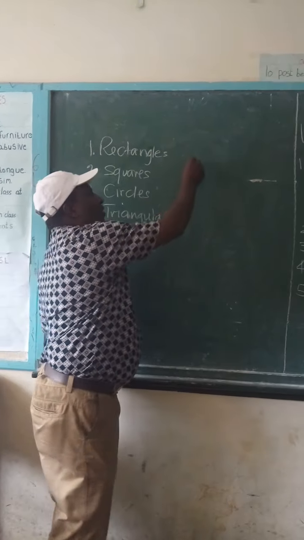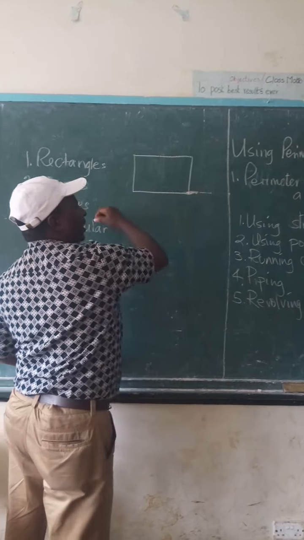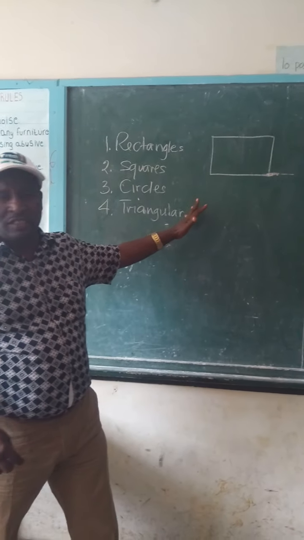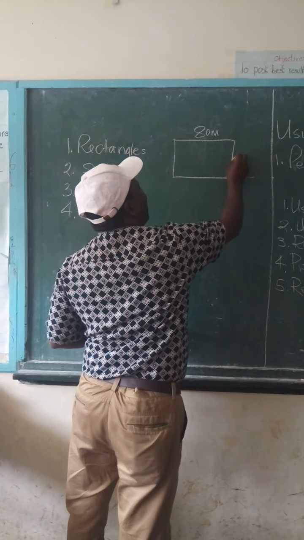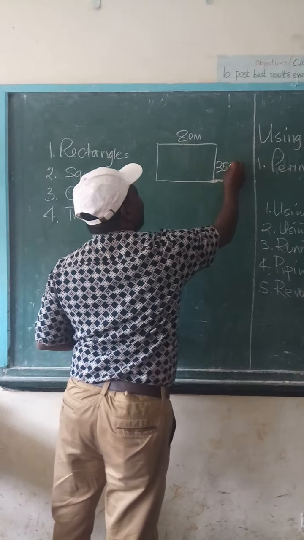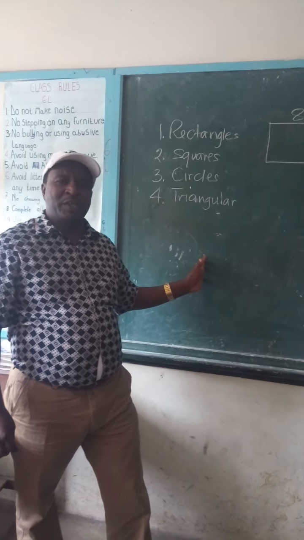If we get a rectangle, for instance, we have a rectangular field, 80 meters by 35 meters width. How do we calculate perimeter?